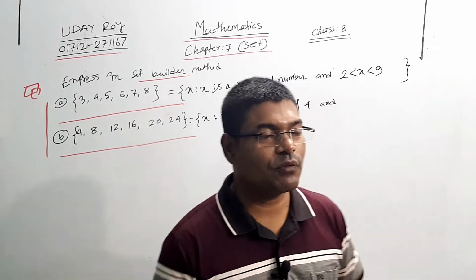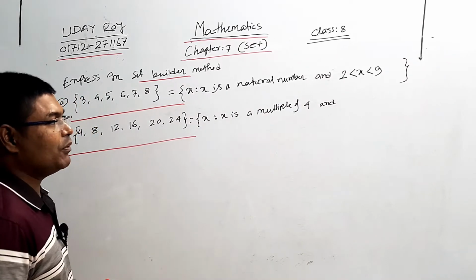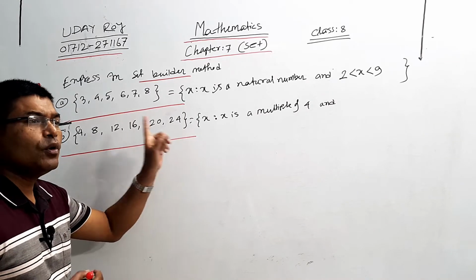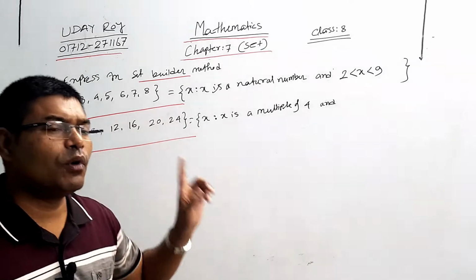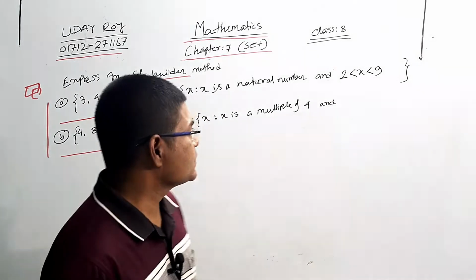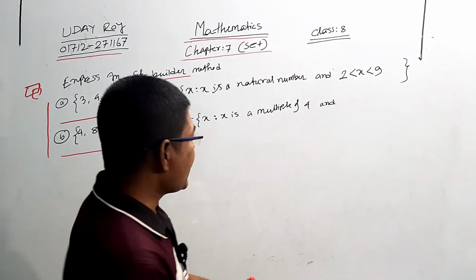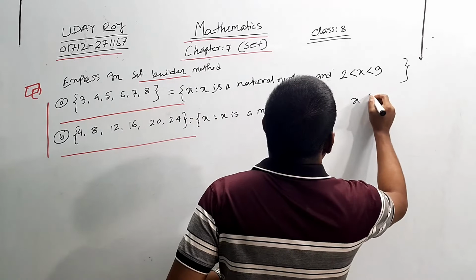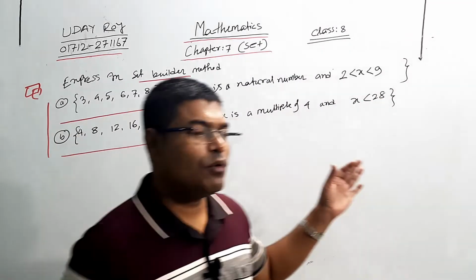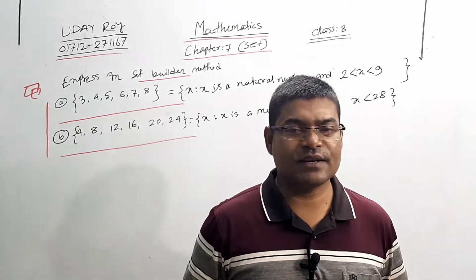So in this way, x is a multiple of 4, but here is 24, 4 into 6, 24, 4 into 7, 28. So we can write here x is a multiple of 4 and x less than 28.